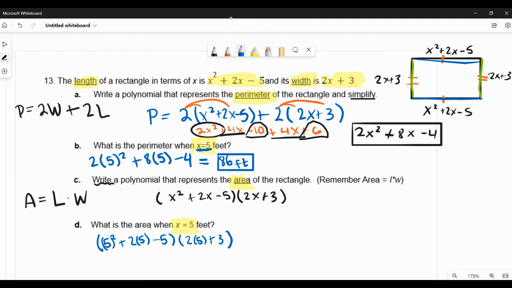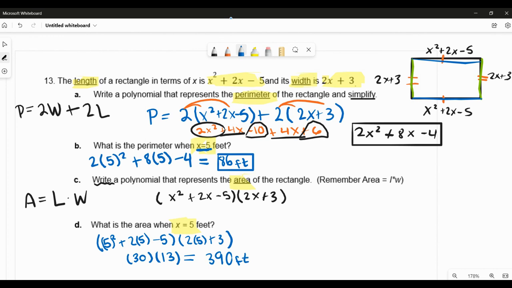Let's simplify this down a little bit. My first one, if I simplify that, 5 squared is 25. And 25 plus 10 is 35. Minus 5 is 30. So that all simplifies down to 30. Again, you can do that in a calculator. You don't have to do it in your head like I did. And then my second parentheses, well, 2 times 5 is 10, plus 3 is 13. And guess what? 30 times 13 is going to give me 390. So my area is 390 feet.